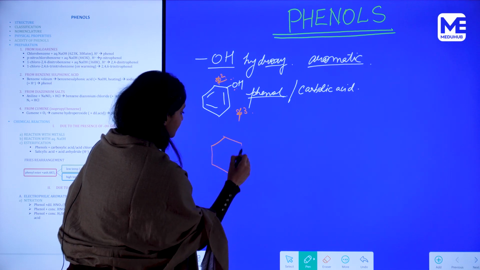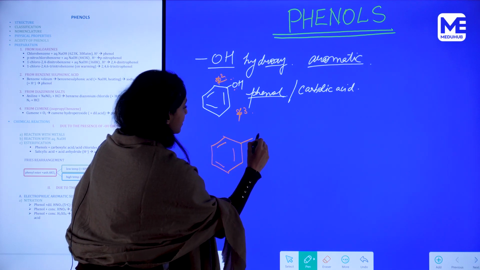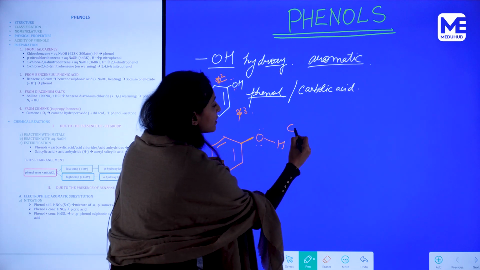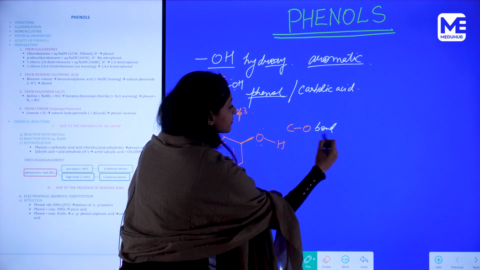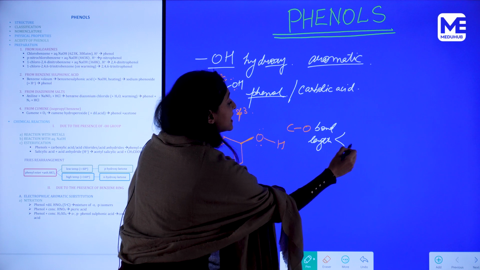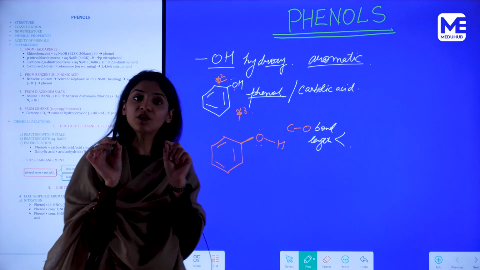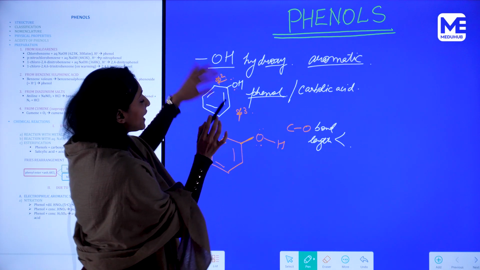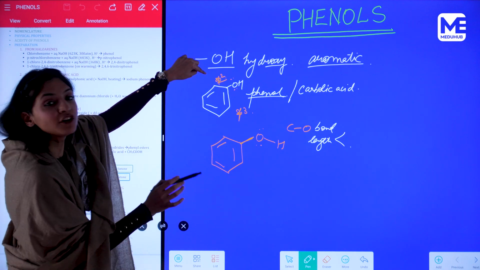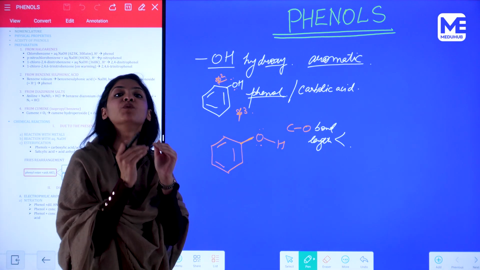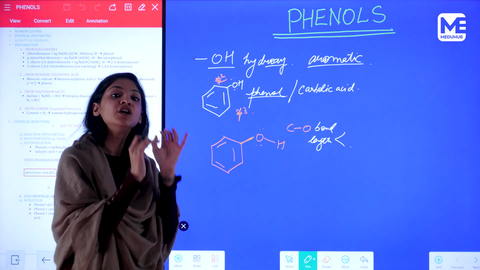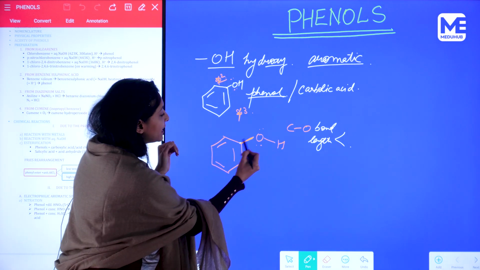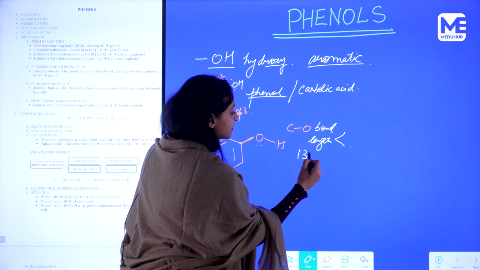So this bond length here, the carbon oxygen bond length, is less than what it is in alcohols, because in alcohols the oxygen is attached to the carbon which is sp3 hybridized, and here the carbon is sp2 hybridized. sp2 hybridized carbon is more electronegative, it has more s character, so it pulls the electron from this bond more towards itself, and hence this bond length is shorter, 136 picometer.